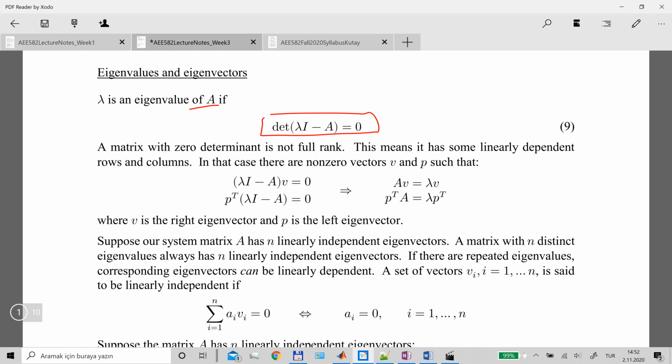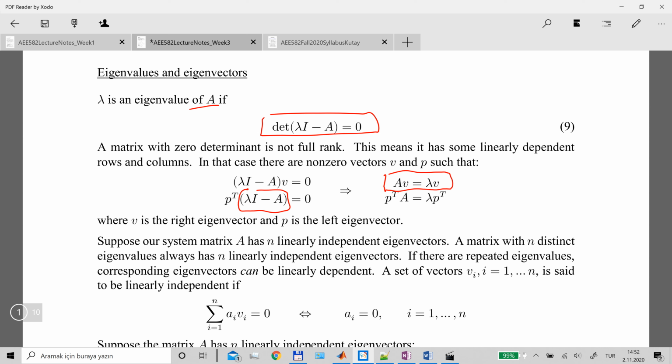Or you can write this equation in this form: A times V is equal to lambda times V. Well, at the same time, this matrix also has some linearly dependent rows. By following the same argument, you can also make a linear combination of those rows to obtain the zero vector. And the coefficients that will give you that zero vector can be combined into a vector P.